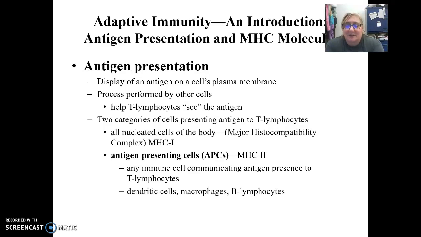Different T lymphocytes can respond to different types of MHC complexes. MHC class 1 is going to be interacting with cytotoxic or killer T cells. MHC class 2 interacts with helper T cells.